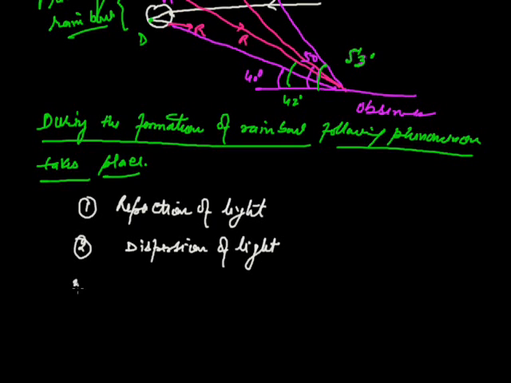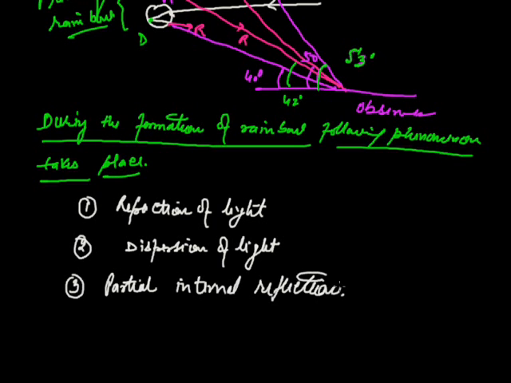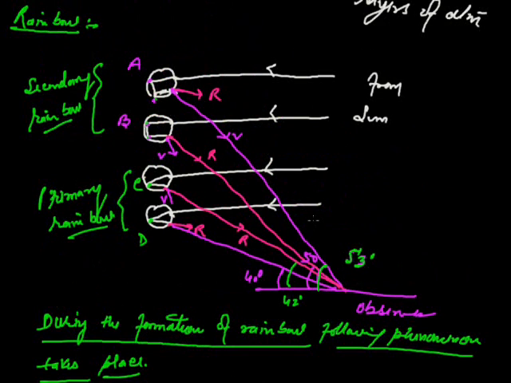The third is partial internal reflection. We see all seven colors in the rainbow, in the primary as well as in the secondary. But the intensity of the colors will be more in the primary rainbow in comparison to the secondary rainbow.